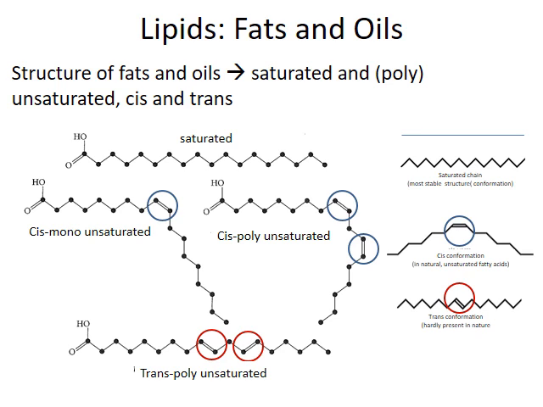When we look at the structure of fats and oils, there are in fact three possibilities. We have, of course, the saturated fatty acid, which means there is no double bond in the chain. And then we have the unsaturated or polyunsaturated fatty acids.